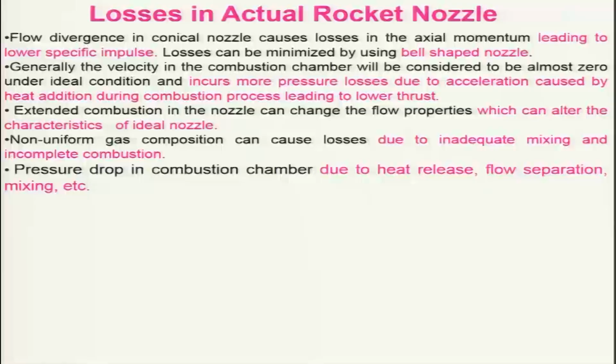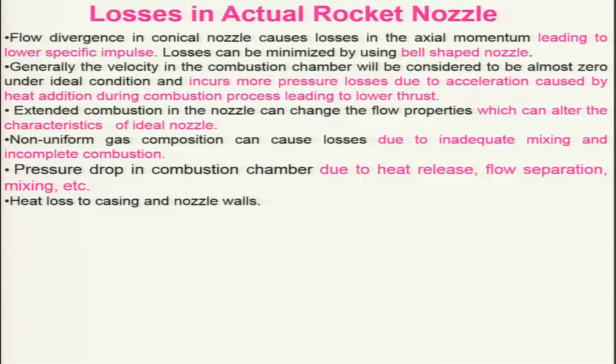Besides this, pressure drop in the combustion chamber due to heat release, flow separation and mixing does occur, and that has to be taken care of. Otherwise, we assume that there are no pressure losses in the thrust chamber in our analysis of the ideal rocket nozzle.